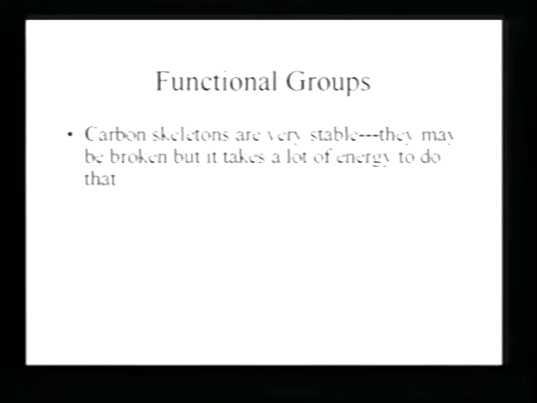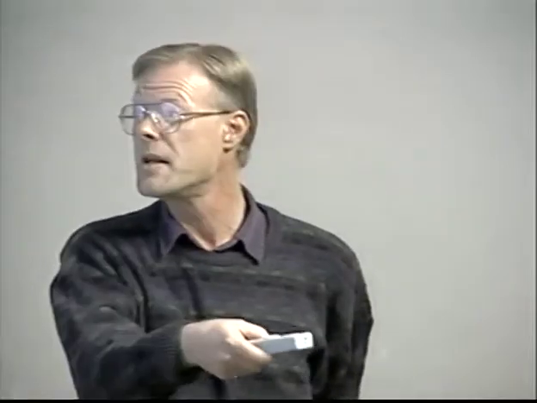Okay, functional groups. These are the specific portions of biomolecules that participate in chemical reactions of one sort or another. Carbon skeletons are stable. They can be broken, but it takes some energy to do that. It's not easy to do. So instead of cells trying to break those carbon skeletons, they rearrange molecules by using these functional groups instead.